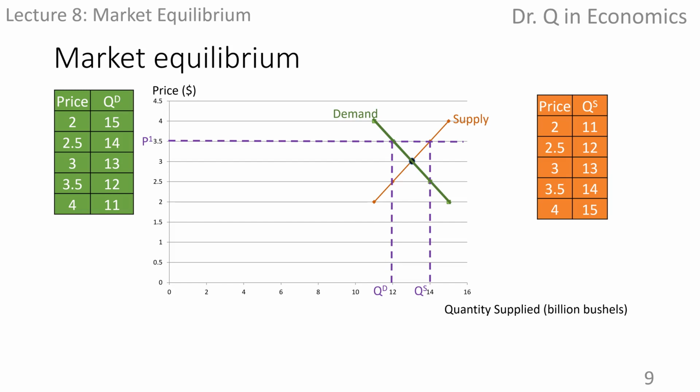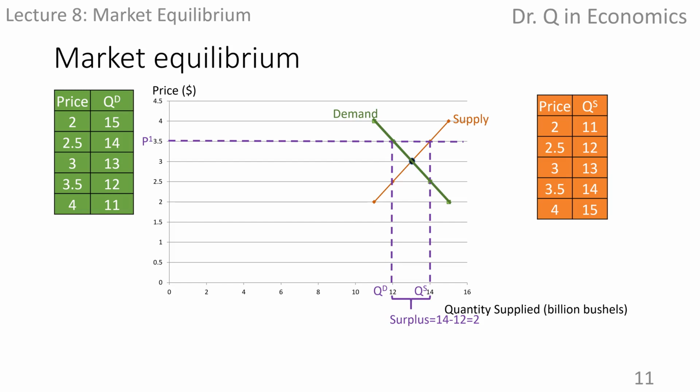We can see that the amount purchased by consumers is smaller than the amount supplied by sellers. There is a gap called surplus, and the surplus is equal to 2 billion bushels.